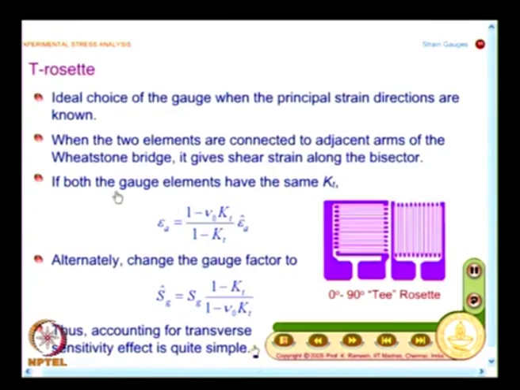Suppose I have both the gauge elements having the same transverse sensitivity factor Kt, then the axial strain is simply given as (1 minus nu naught Kt) divided by (1 minus Kt) into the apparent strain epsilon A cap.